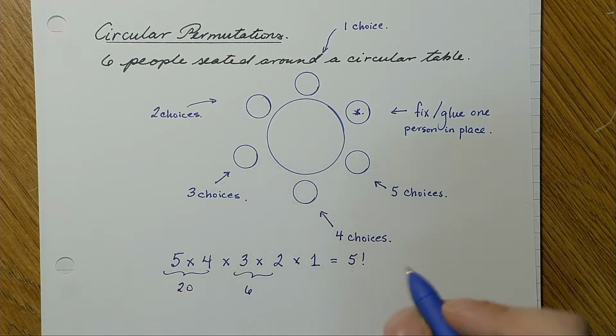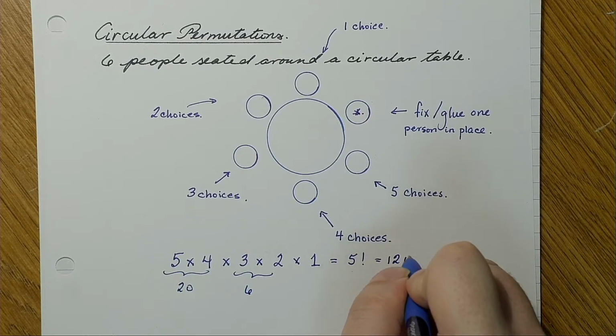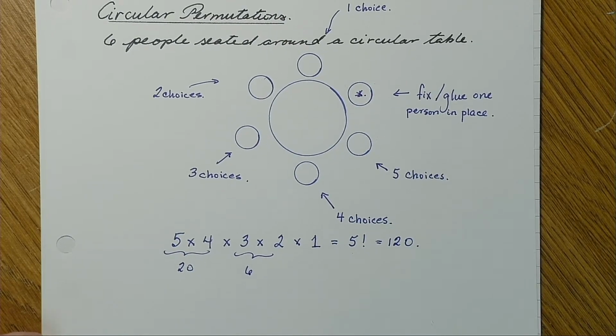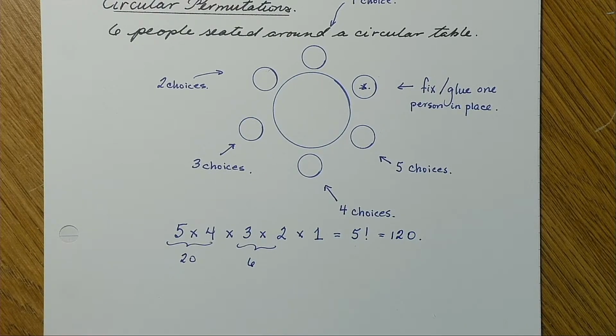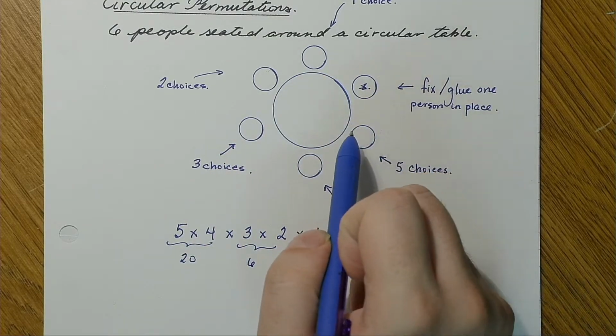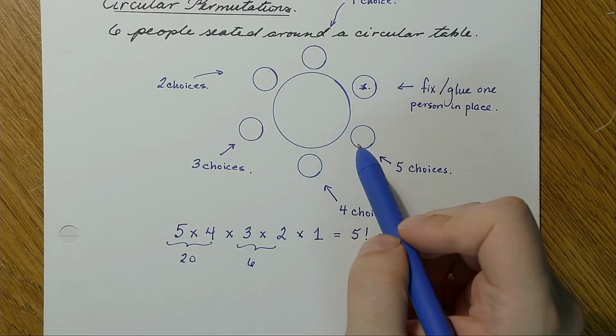So adding that 0 gives me the 120. So that means there are 120 different ways of placing the 6 people around the table.